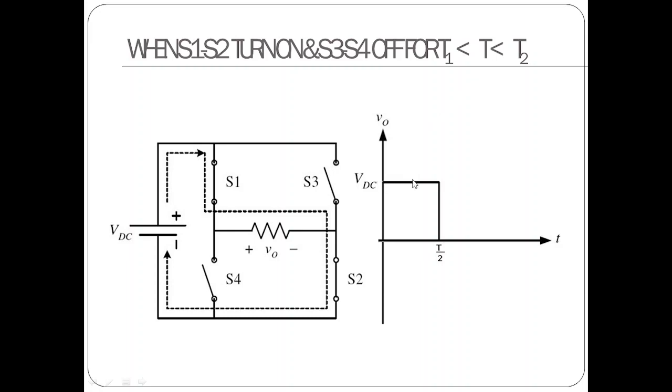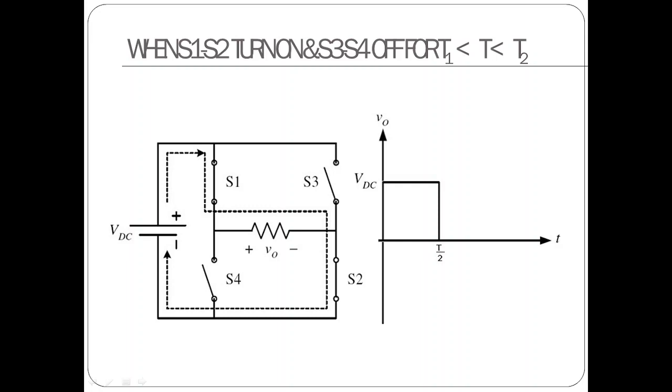So it will rise as a square wave, stay constant, and it will drop at T by 2. When the other switches are operated, this square waveform will be shown again. So that is for the positive cycle, and now for the negative cycle we see these particular waveforms.